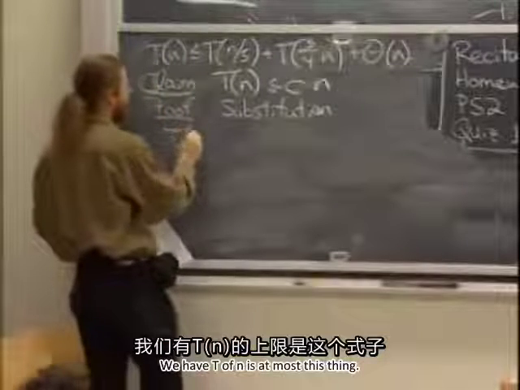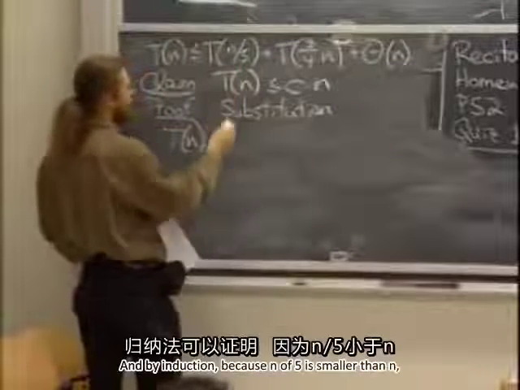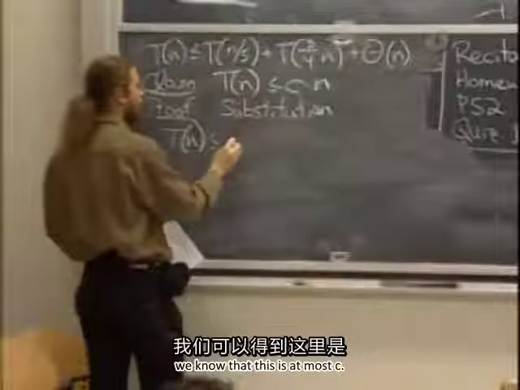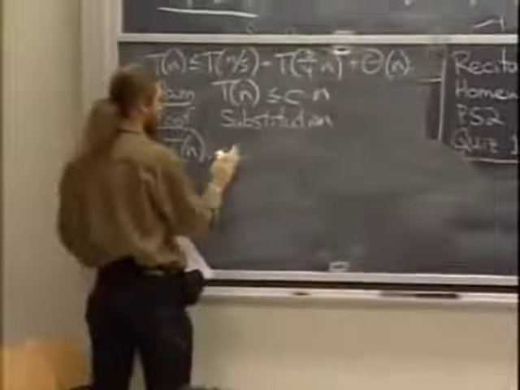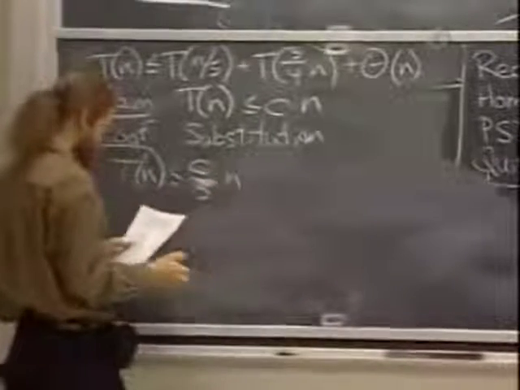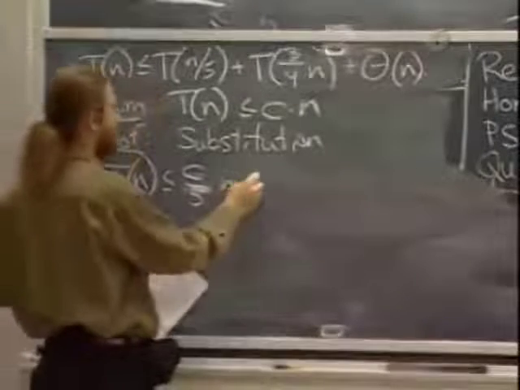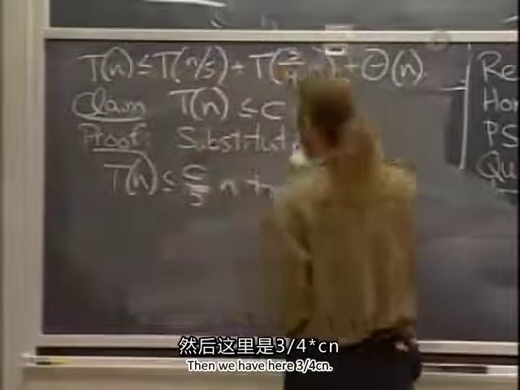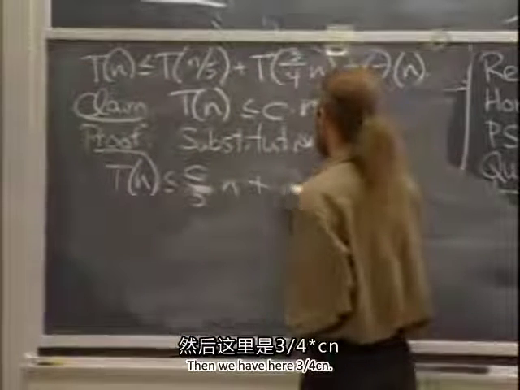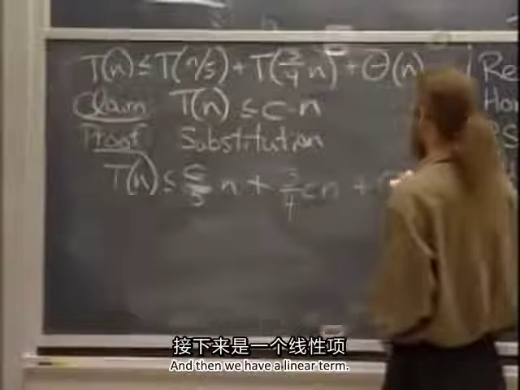So we have T of n is at most this thing, T of n over 5. And by induction, because n over 5 is smaller than n, we know this is at most C over 5 times n. Then we have here 3/4 Cn. And then we have a linear term.